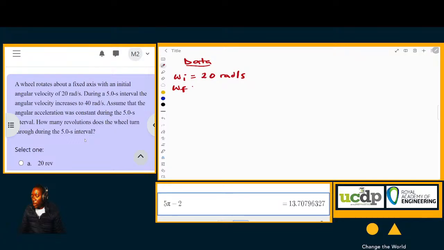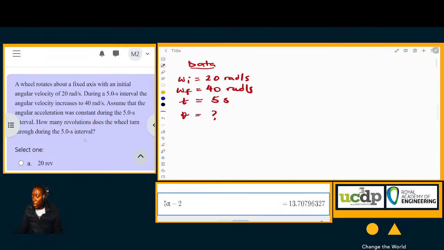So omega final is 40 radians per second. And the time during which this happens being 5 seconds. Assume that the angular acceleration was constant during the 5-second interval. How many revolutions does the wheel turn through during the 5-second interval? So we want to find theta. And from theta, we find how many revolutions that value of theta is.